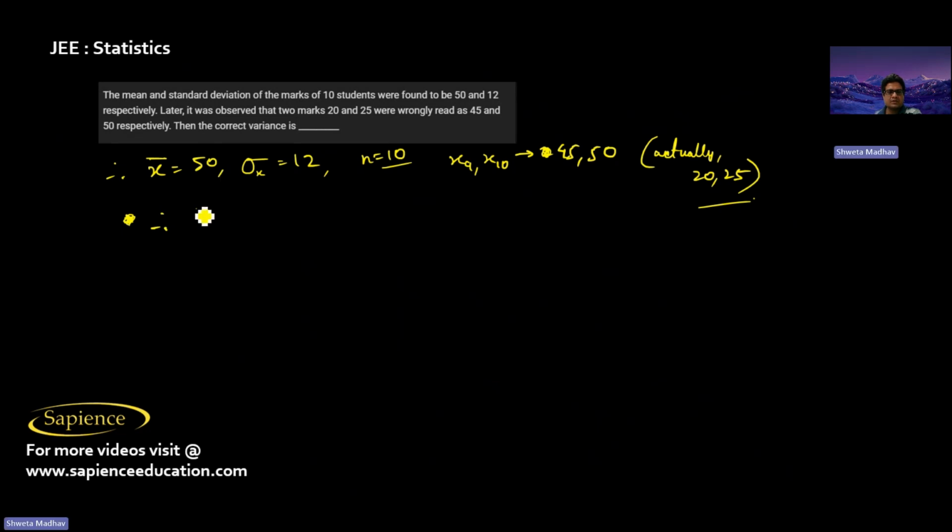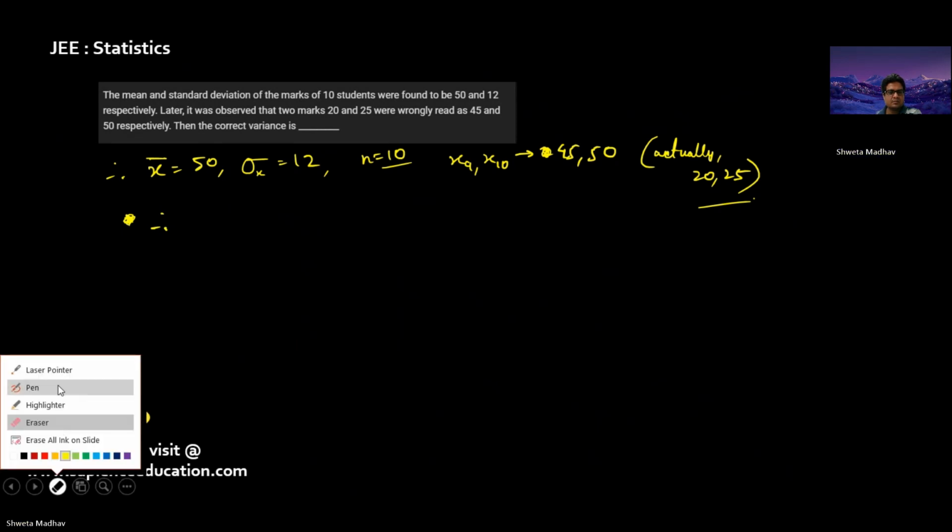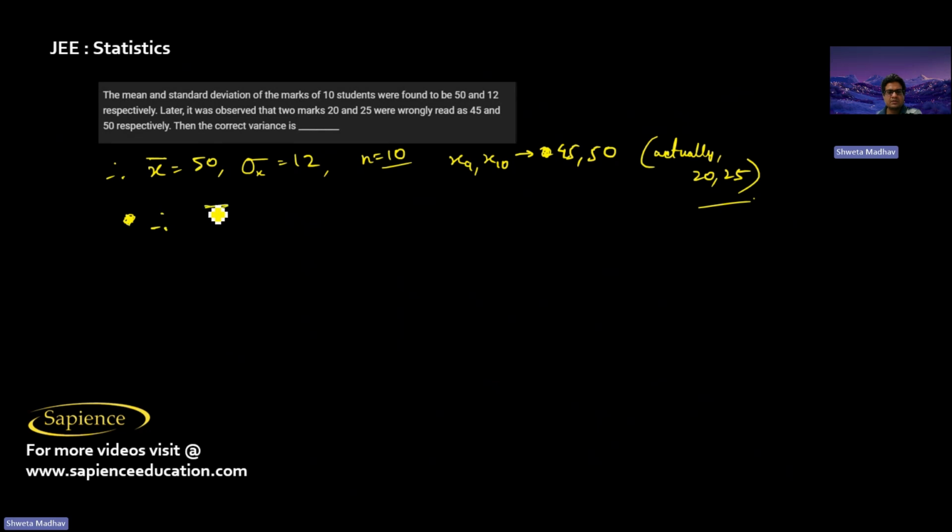Now x bar is x1 plus x2 plus up to x8, or I can say the sum of the first 8 marks, summation xi, i goes from 1 to 8, plus 45 plus 50 divided by 10, that is given as 50.